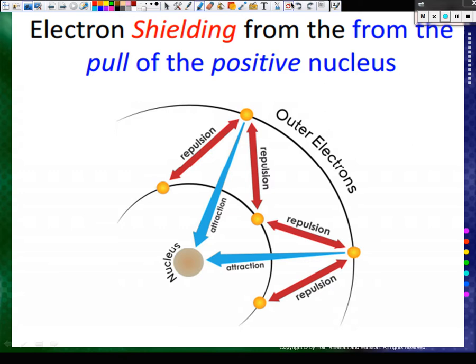Okay, so great question. Why aren't they stuck to it like Velcro balls, if that makes sense? Because of the amount of energy that they have, the ability to move, and the attractive forces.